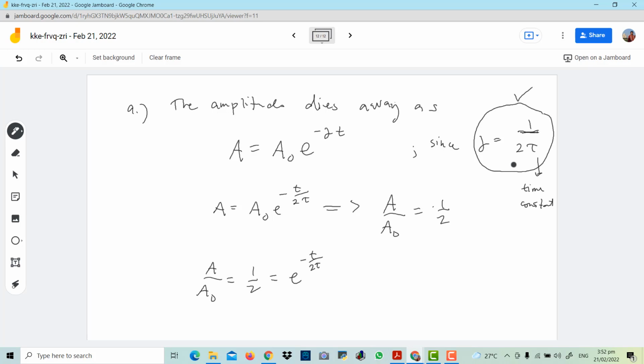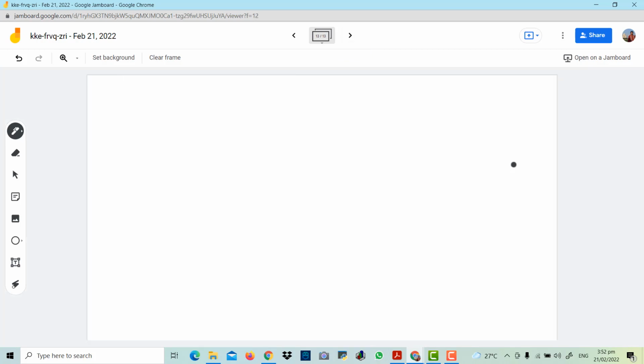And from this, I can solve for time t. So 1/2 equal to e to the minus time over 2 tau.